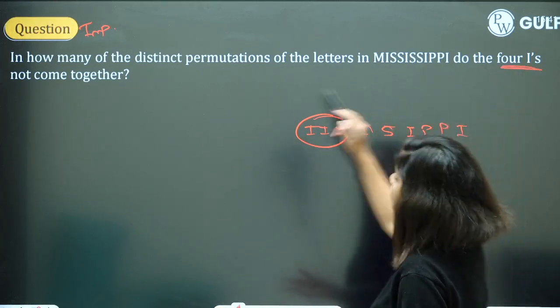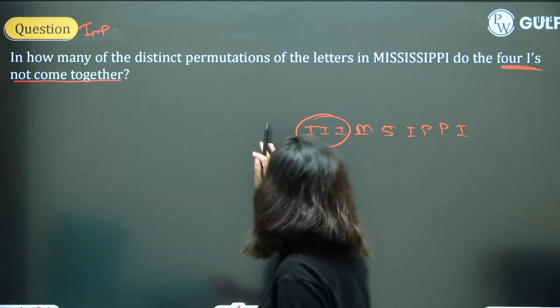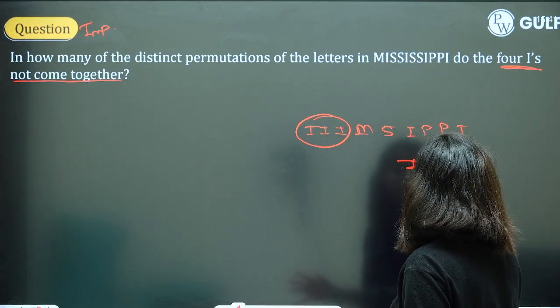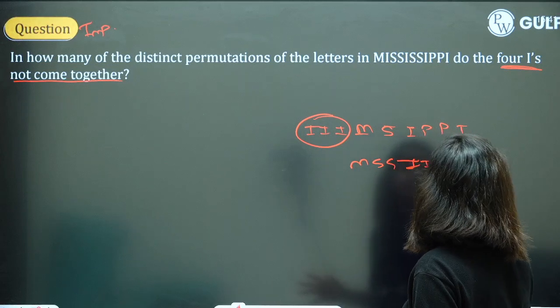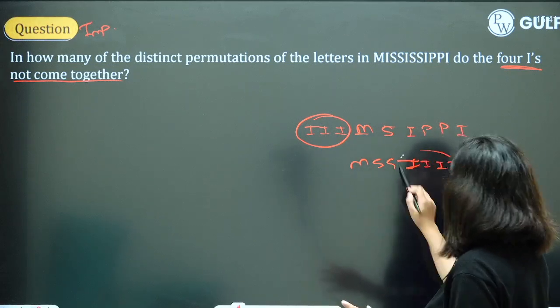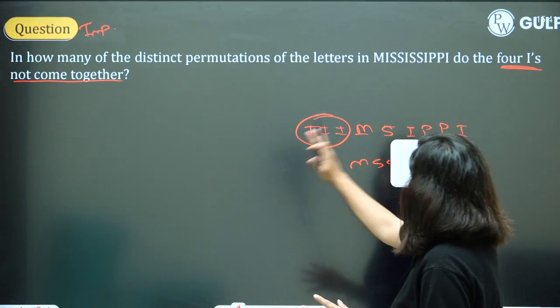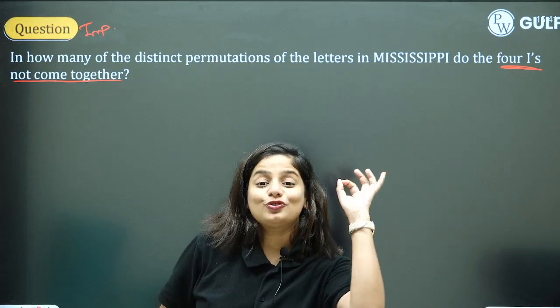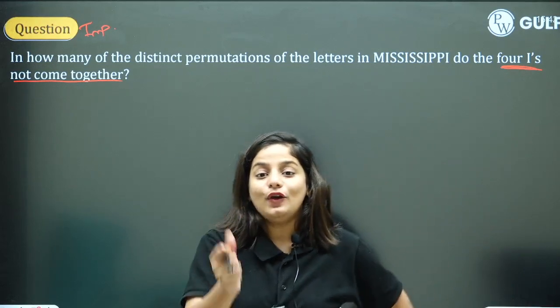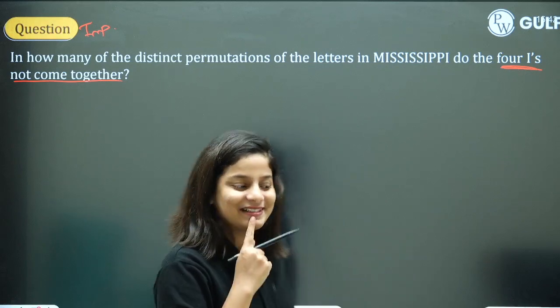But all 4 I's cannot be together. Don't take a case where all 4 of them are together. So that means all 4 should not be together. All 4 together is block method.